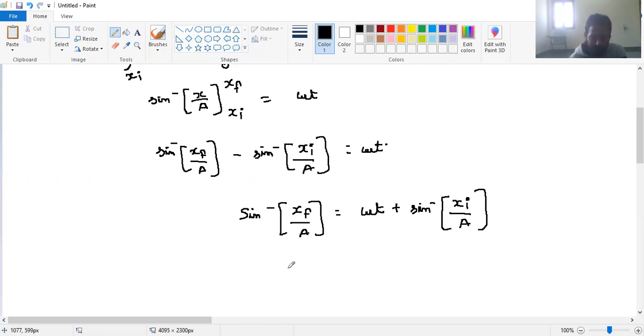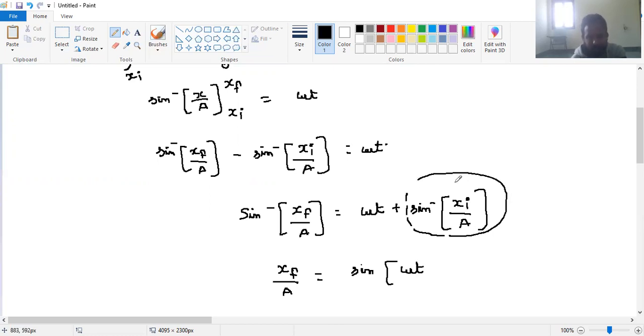This term I will simplify. So x final divided by a is called sine of, if I am taking sine here, omega t plus this total term I am taking as phi naught.